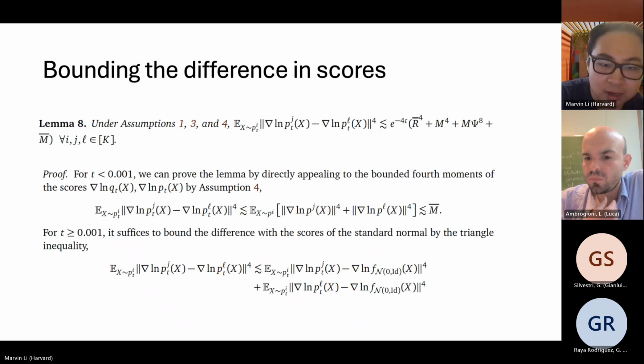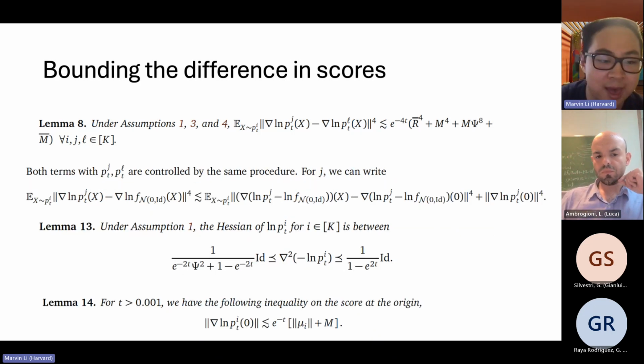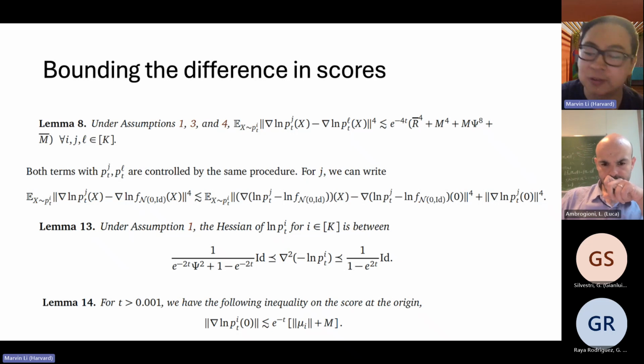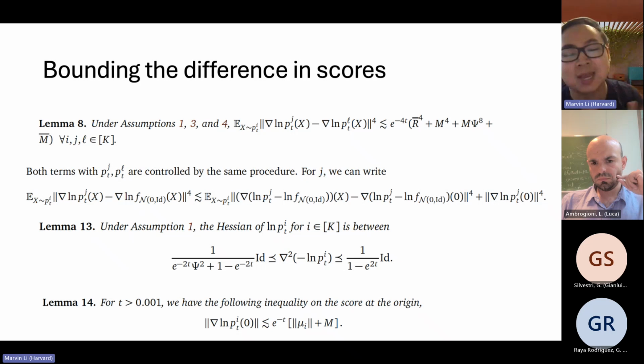Yeah. Now to bound that, it turns out that we do some sort of differencing trick. We can actually bound the Hessian of a strongly log-concave function: it approaches the identity matrix as t goes to infinity, and because it approaches the identity matrix, the difference between the score evaluated at 0 and x becomes close to the difference between the normal score evaluated at 0 and x.